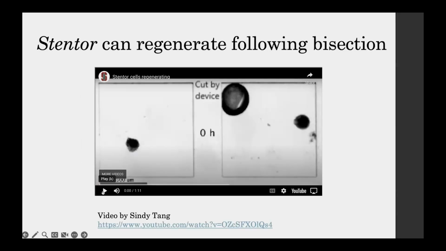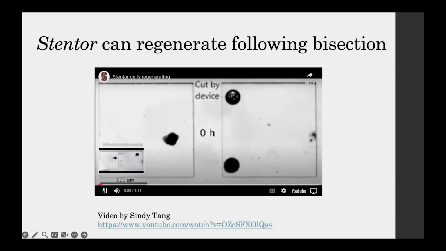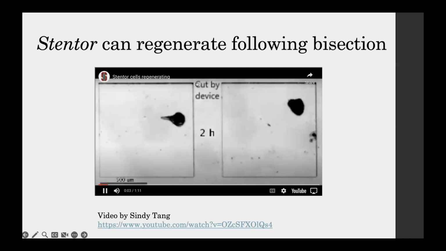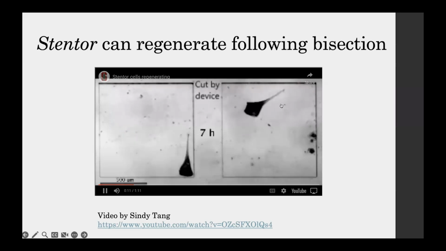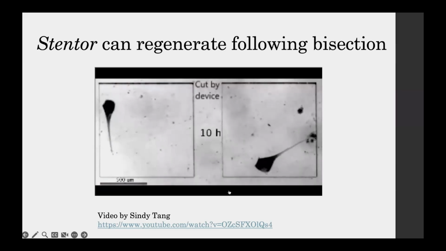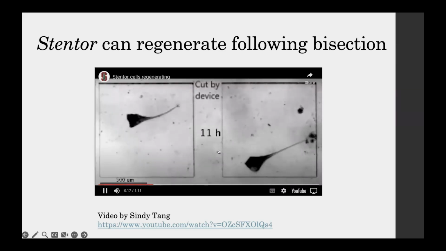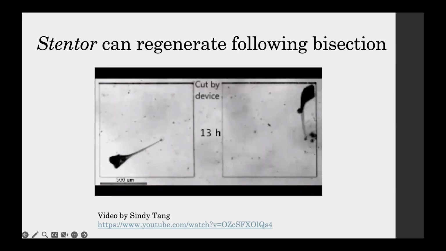This is a really cool video done by Cindy Tang at Stanford, showing that a Stentor cut in half can fully regenerate into two new Stentor. They were cut by a microfluidic guillotine, and we have each side of it regrowing over the course of several hours. By around 10 hours, you have a fully regrown cell.